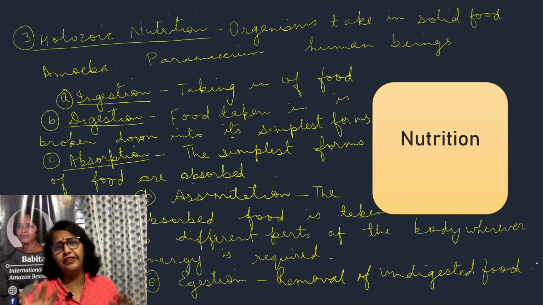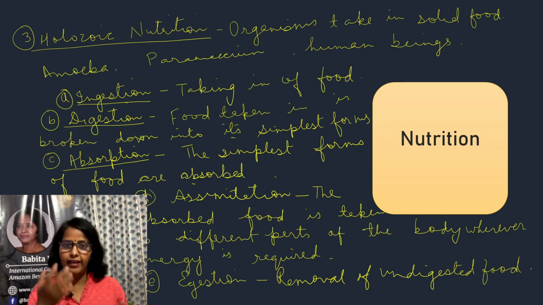So we have 5 different processes in Holozoic nutrition, that is ingestion, which is taking in of food; digestion, the food that we have taken in, that is organic food, is broken down into its simplest form. For carbohydrate, it is broken down into glucose. We will see the details in the other part of this chapter.